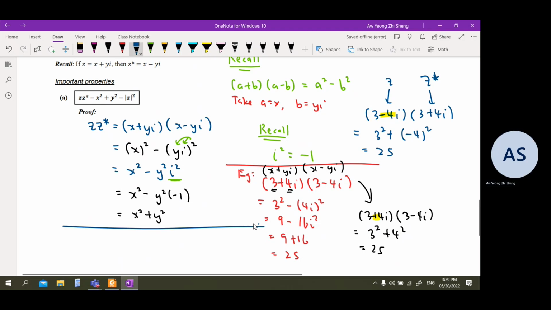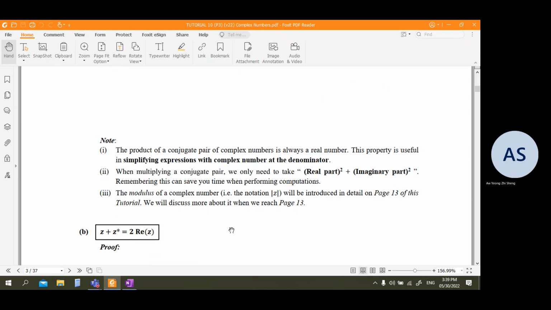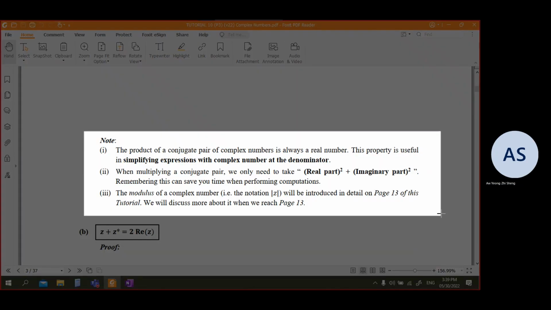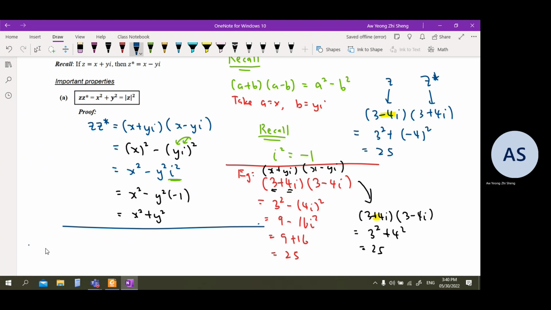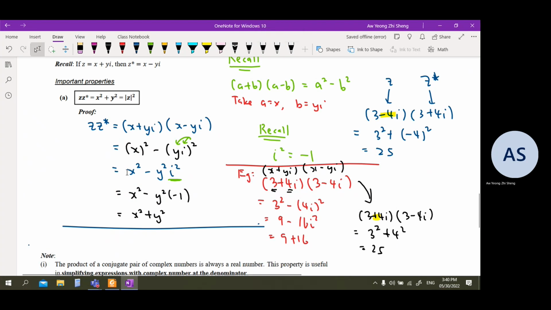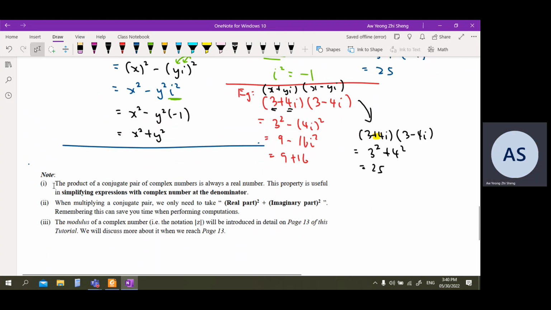Right. So let's read through some remarks down there. Point number 1 says the product of a conjugate pair, when you have z times z star, you always get a real number. It is always a real number.